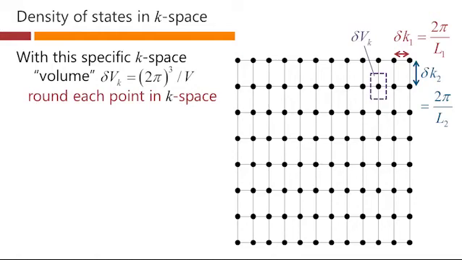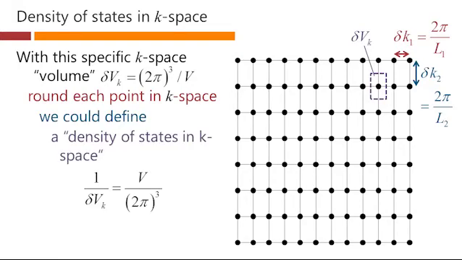So with this specific K-space volume that we've just worked out, around each point in K-space, we could, if we wanted to, define what's called a density of states in K-space. How many of these bricks are there per unit volume in this mathematical space we're working in? Well, we know the volume of each brick is what's given here.